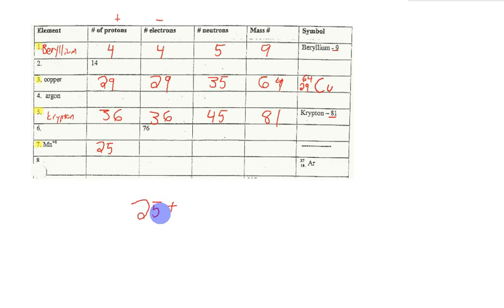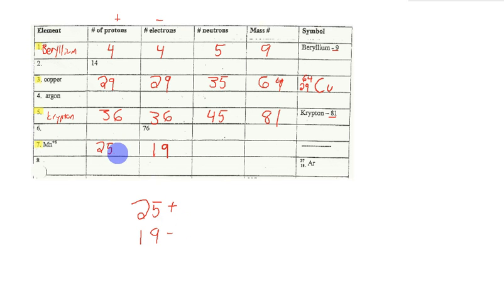We can't change the number of protons, so we have to change the number of electrons. What number of minuses, when balanced against 25 positives, would give us 6 extra pluses? Well, if we have 19 minuses, you'd get 6 plus. So we know that there have to be 19 electrons here.